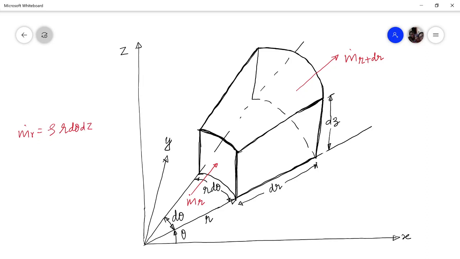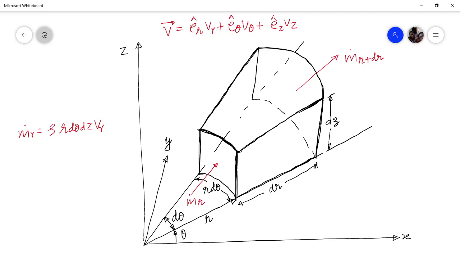Now what you can do is write the velocity vector in polar coordinates as e_r v_r plus e_θ v_θ plus e_z v_z, where e_r is the radial unit vector and e_θ is the tangential unit vector. Now in the radial direction the velocity will be v_r, so this is the one.